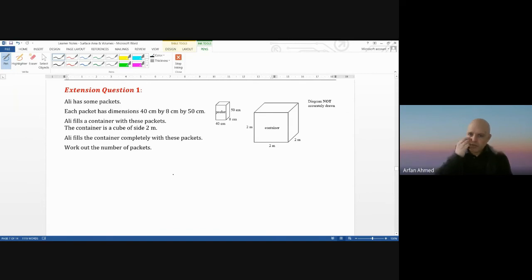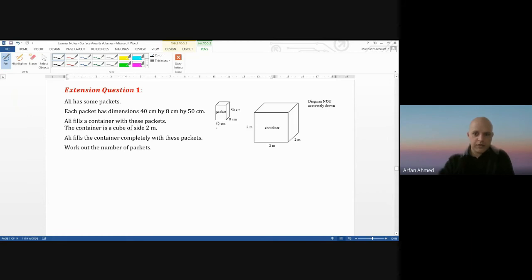Okay, so this type of question, technically you could work out the area of the container separately, work out the area of the packet separately, and see how many of those go into that. I'm going to do it a different way though.